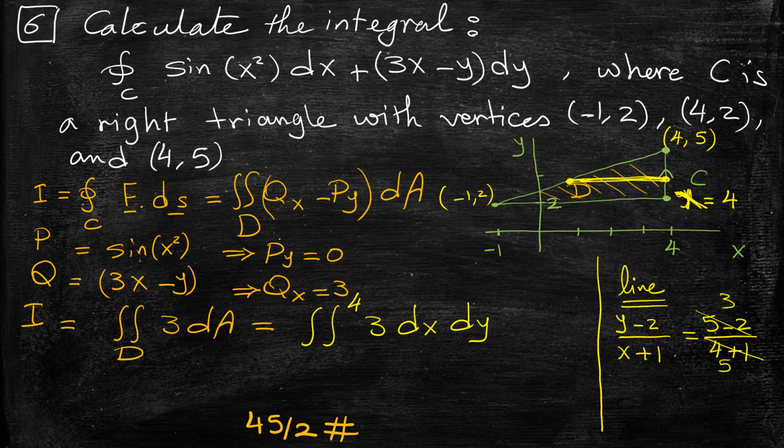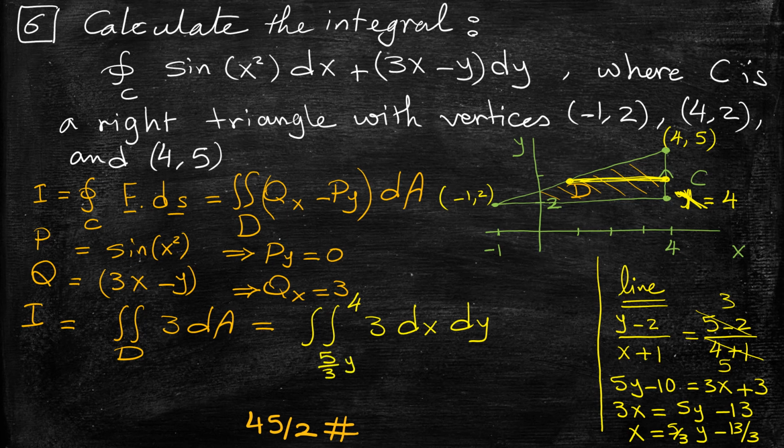Means we have the equation right now: 5y minus 10 equals 3x plus 3. I need the equation for x, so 3x equals 5y minus 13. Means x is 5 over 3 y minus 13 over 3. So this is the relation of this x line.